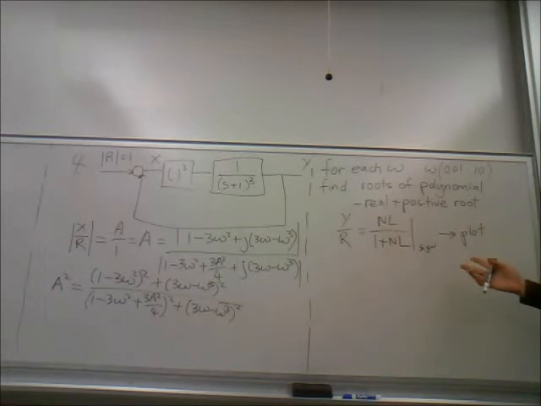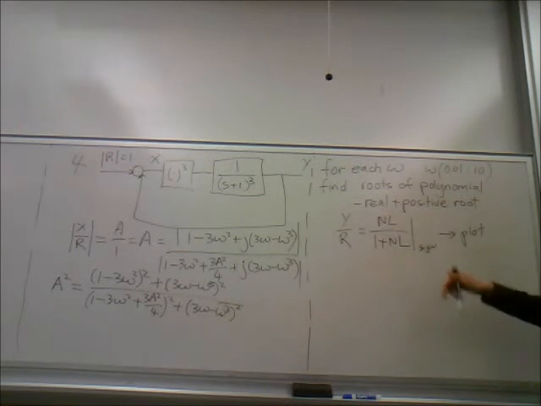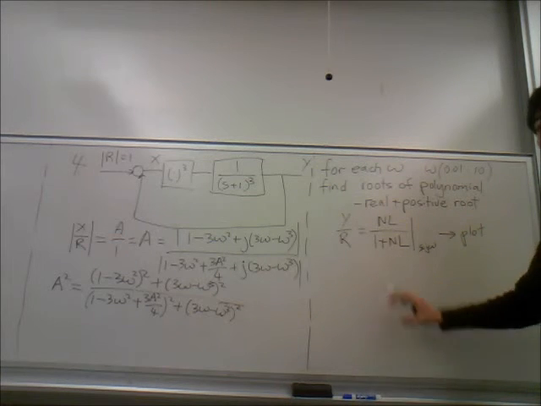And we have one data point. So do this for each omega, and then you'll end up with the Bode plots.